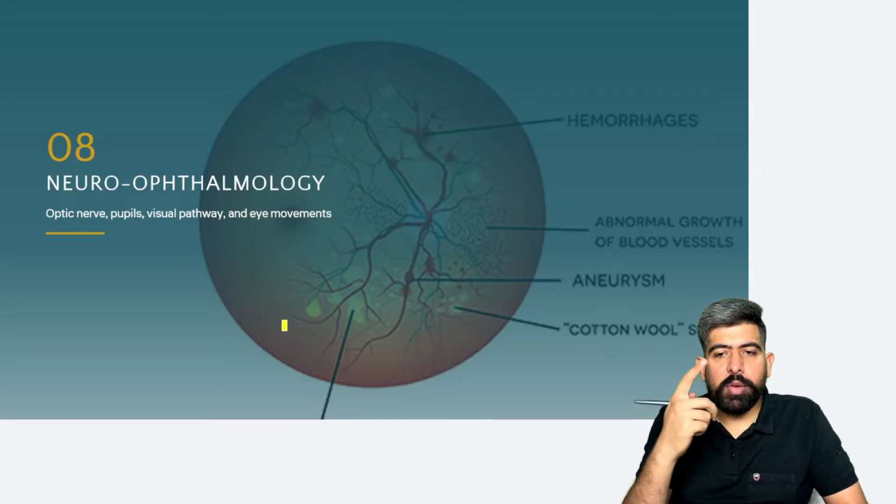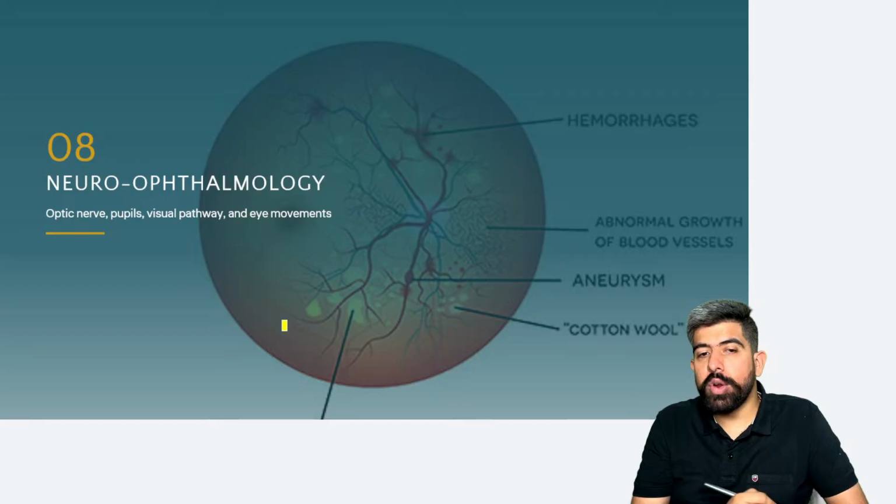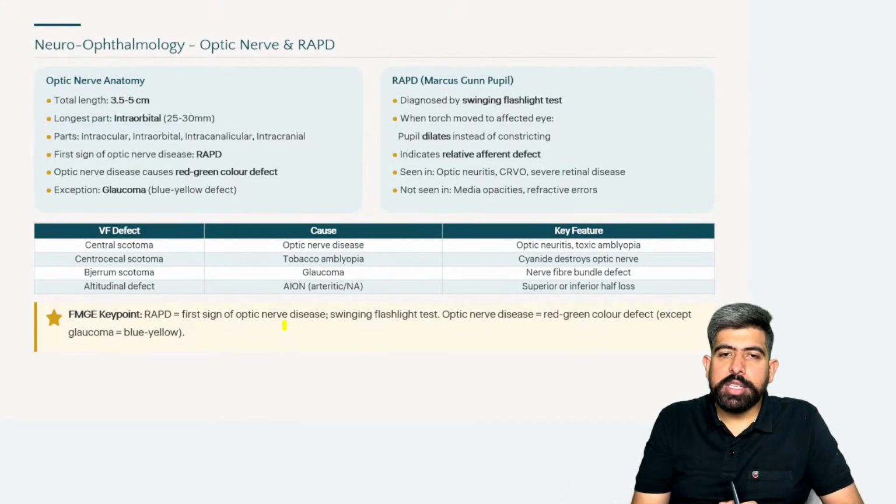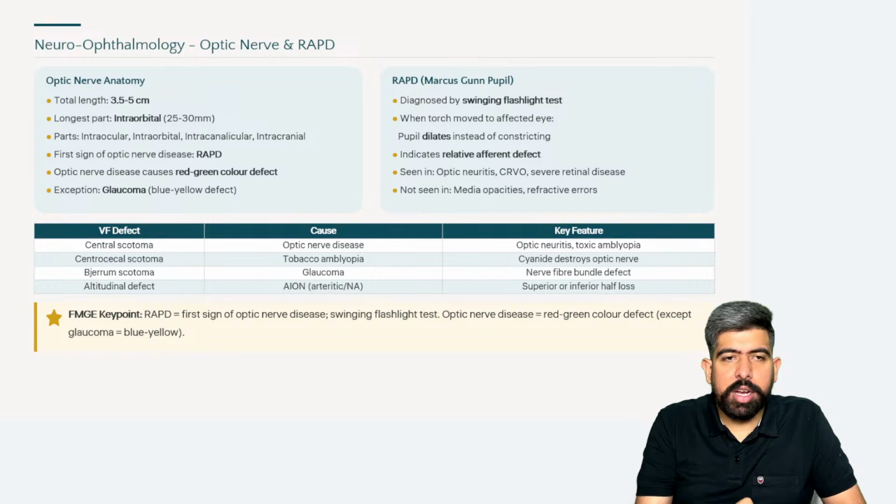Now, moving forward for the next, which is your neuro-ophthalmology, right? Starting with neuro-ophthalmology, the first one we are starting with is the optic nerve and RAPD. First of all, optic nerve anatomy: please remember the total length of the optic nerve is just 3.5 to 5 centimeters.